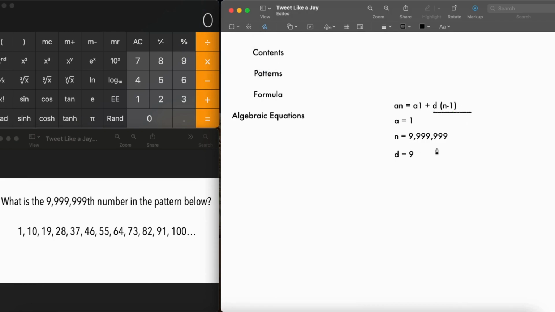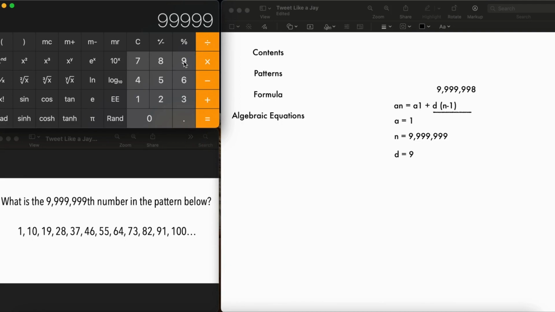So that should be N, 9,999,999 minus 1, so that should be 9,999,998. Pretty simple so far. And plus D, so 9,999,998 nines. We can use the help of our calculator to calculate this.